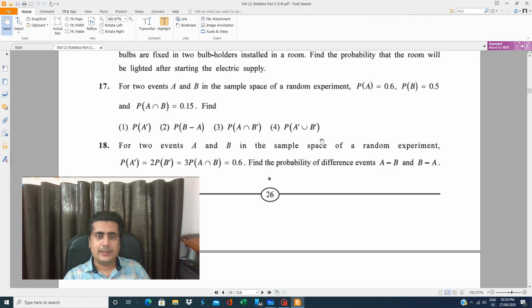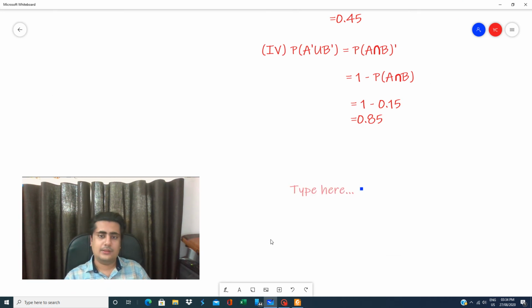Now here I have four sub questions. Some textbooks have a fifth sub question. So let us keep the heading as sub question 5. Now what question is it? It is the reverse of the fourth one. The question stands like this: P of A dash intersection B dash.